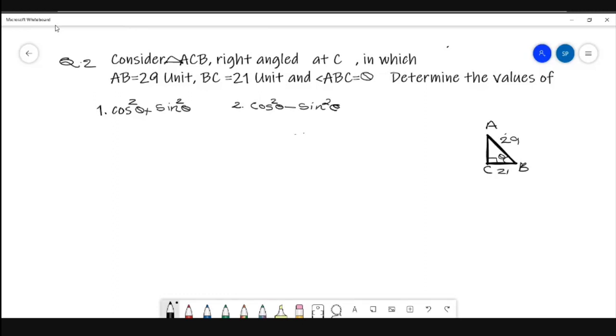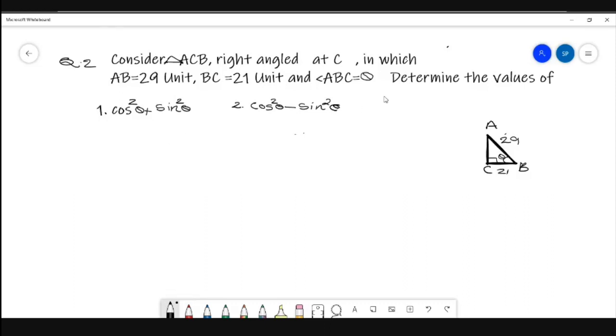Now look at the triangle ACB where AB equal to 29 unit and BC equal to 21 unit, so that we can find out AC by applying Pythagoras theorem. If we get the three sides of a triangle, we will be able to find cos theta and sin theta. Then cos square theta means cos theta the whole square, sin square theta means sin theta the whole square.